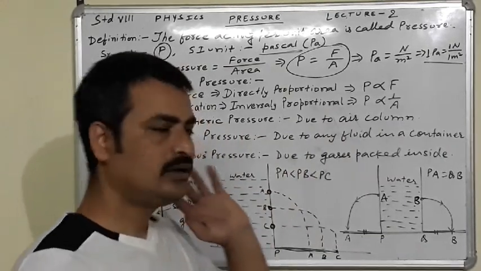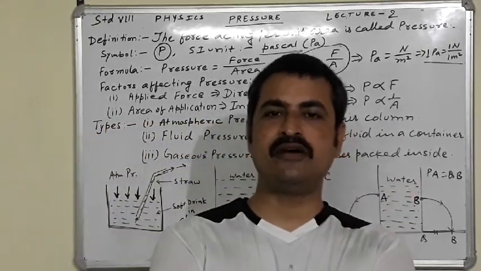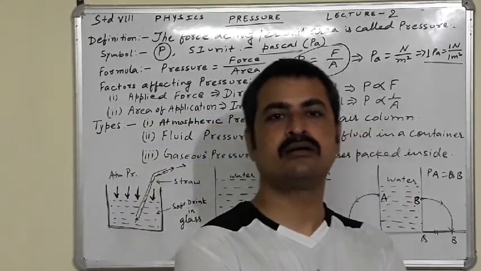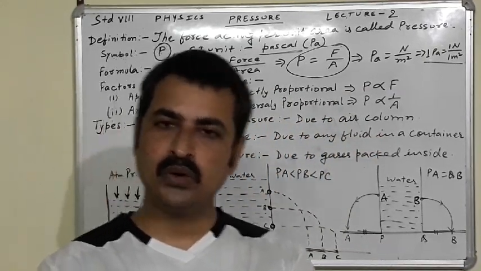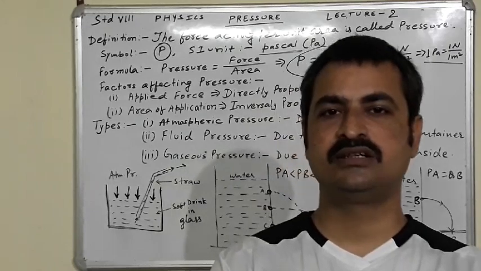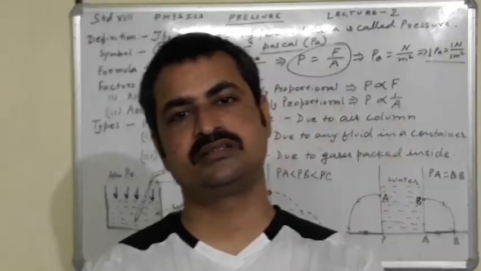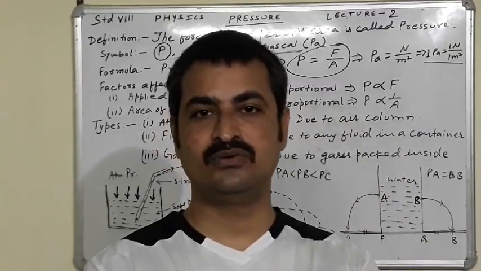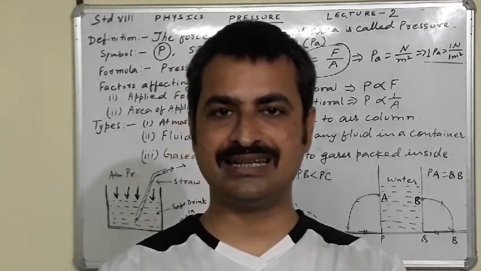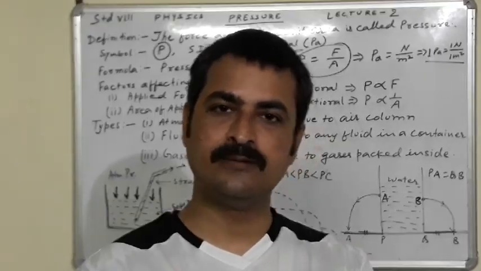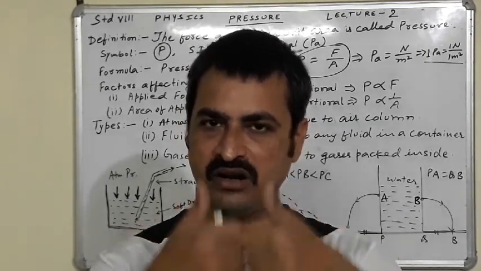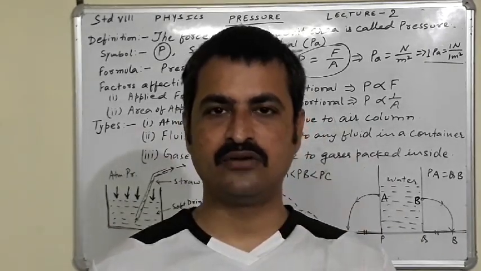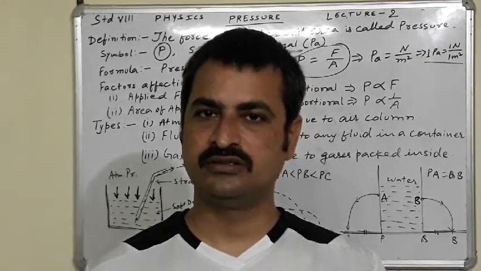Gaseous pressure: you must have filled a balloon with air. What happens? Sometimes more air is filled and the balloon bursts. Reason? The volume in which gas can be placed is fixed. If you place more gas, it will exert pressure all around the walls and finally break it.